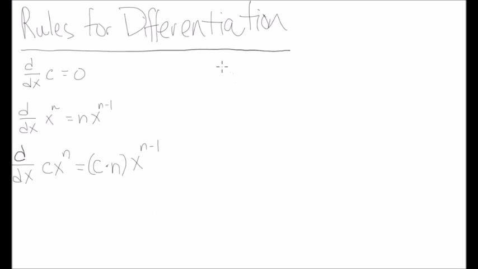So for example, if you have 3x to the 5th, it becomes 5 times 3x to the 4th, or 15x to the 4th. If you have 8x to the 1/2, it becomes 8 times 1/2, or 8 over 2, x to the negative 1/2.